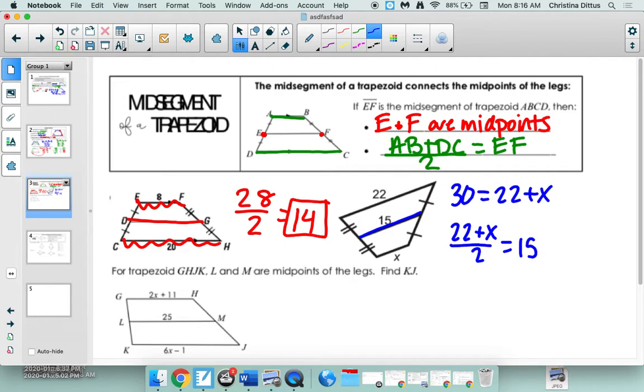But anywho, what does that give me for x? 8. So you're just trying to find what number, so like this increase is 7, so this has to be 7. And 15 minus 7 gives us that 8. Okay, so it should be like equidistant in the middle. Does that make sense? Okay.